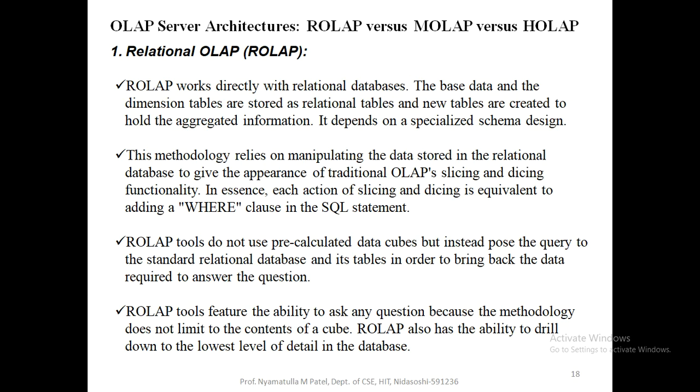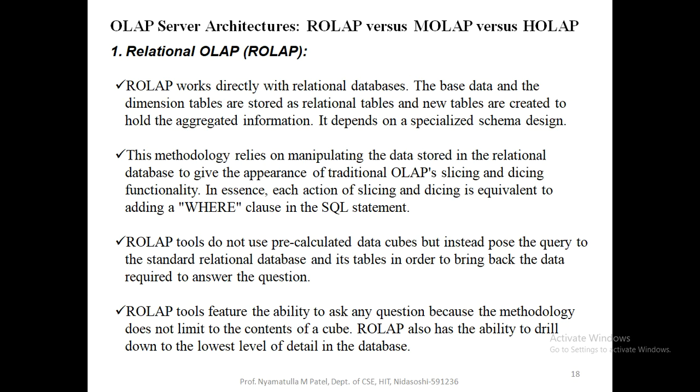The database and the dimension tables are stored as relational tables here. Now, what is relational? Directly it is giving an information. The database and the dimension tables are stored as relational tables and new tables are created to hold the aggregated information. It depends on a specialized schema design.